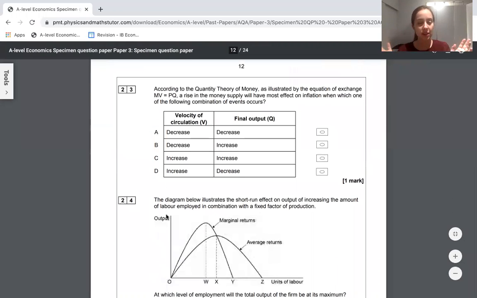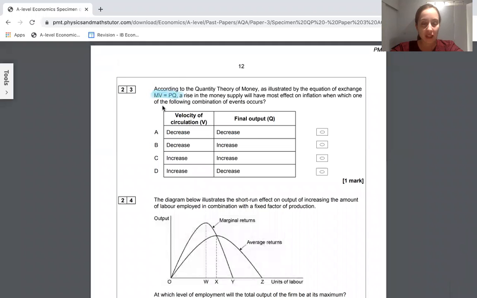Quantity theory of money, great theory. This is something that is not looked into too often, but here's the equation for it. They've been really nice. To increase inflation, this term is your price term. Higher prices means inflation. So I'm going to rearrange this equation to know what I need to do to increase prices.